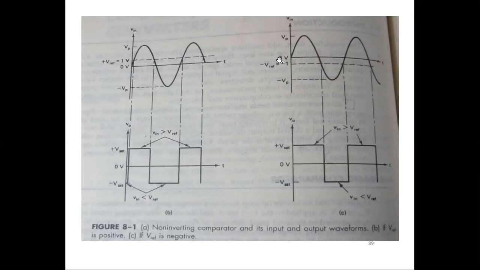If you choose the V reference to be something different, here we have chosen 1 volt, if you choose it as minus 1 volt, then the reference is here. If the input voltage goes above this reference value, for the duration from here till here, the input is more, therefore the output will be positive.